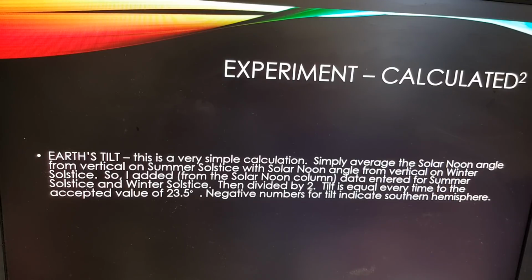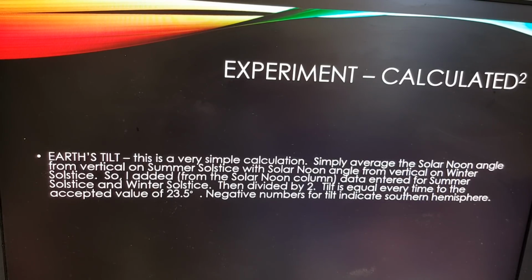The Earth's tilt. This is a very simple calculation. All we have to do is average the solar noon angle from the vertical on summer solstice with the solar noon angle from vertical on the winter solstice. Piece of cake calculation, you all know, I added the two numbers and divided by 2, and this gives me the tilt.